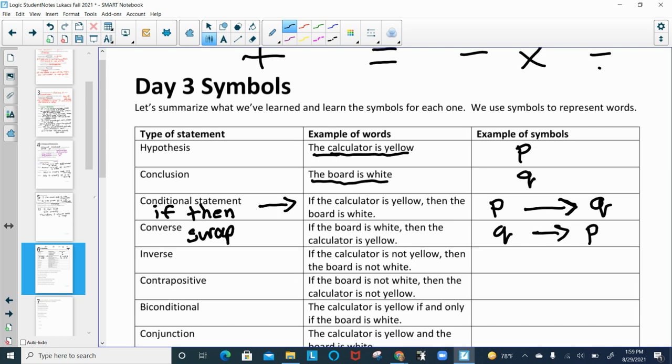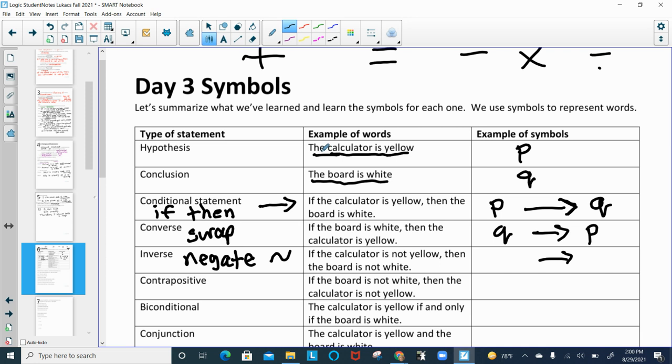All right. Now the inverse, remember, is a negate. We usually put in the word not, or we take out the word not. In order to do that, we use the squiggly line that looks like a little curvy line. First of all, we have an if and a then, so let's put in our arrow pointing to the right. But now we have the calculator is not yellow.